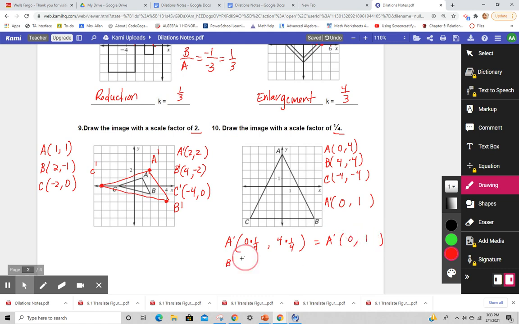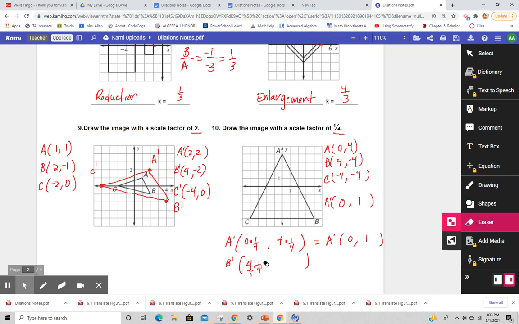B prime will do the same thing. 4 times 1/4. That means you multiply it. So that's going to be 1.